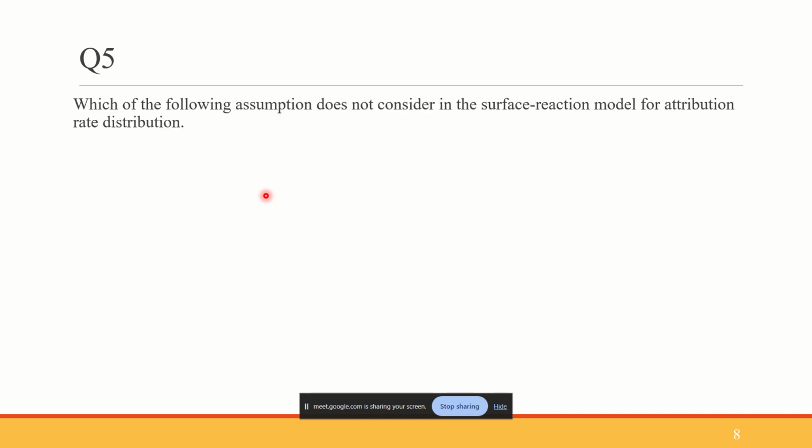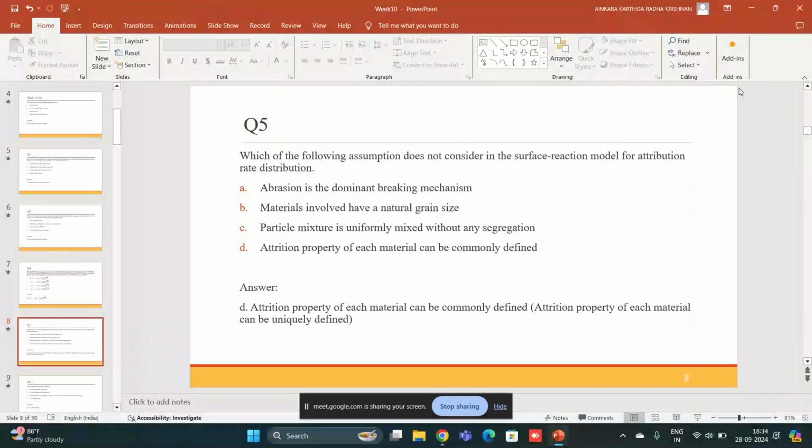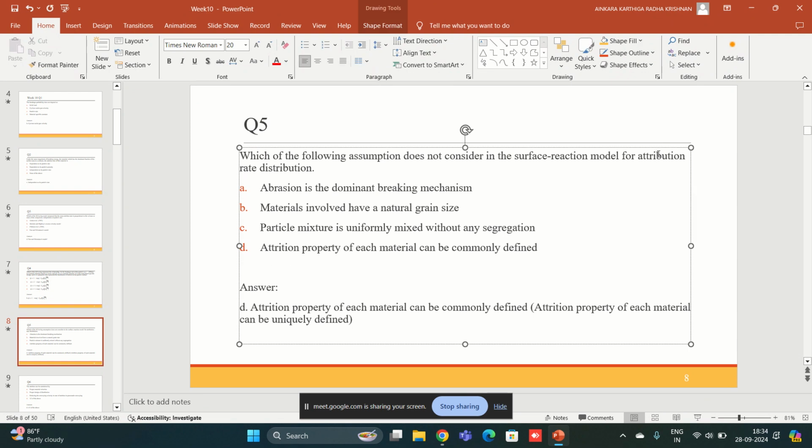In question 5, it is given that which of the following assumptions is not considered in the surface reaction model for the attrition rate distribution.